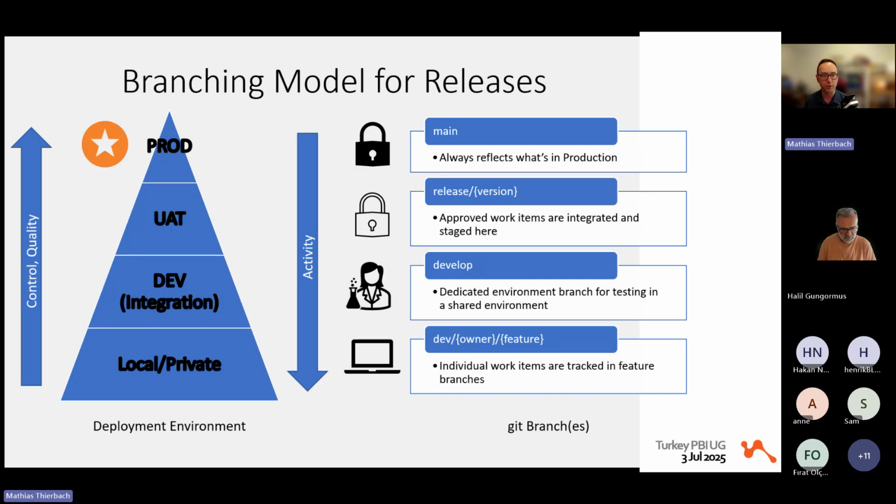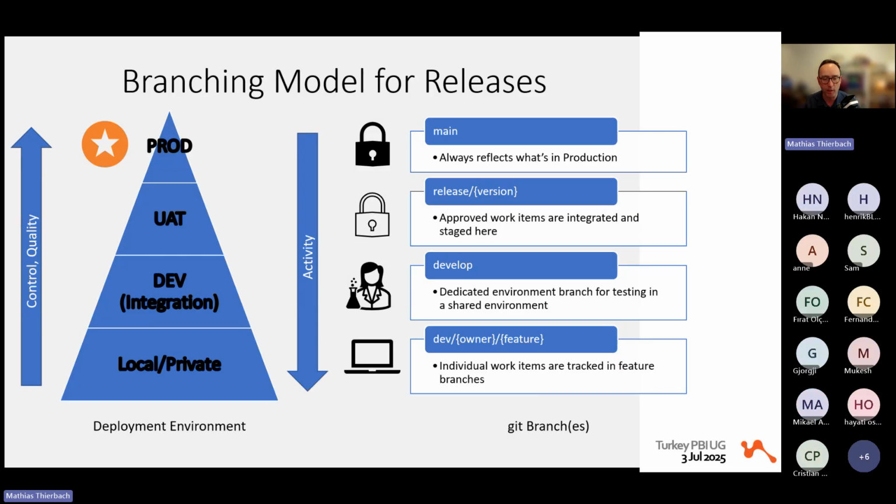That's basically production and anything that's close to production. And the lowest environments are the ones where you get your hands dirty, right? Where actual development happens. So you can see that looking at the downward arrow, in terms of dev activity, there's a lot more happening at the bottom. Looking at the upward arrow, when it comes to quality and control, there's a lot more happening as you go up.